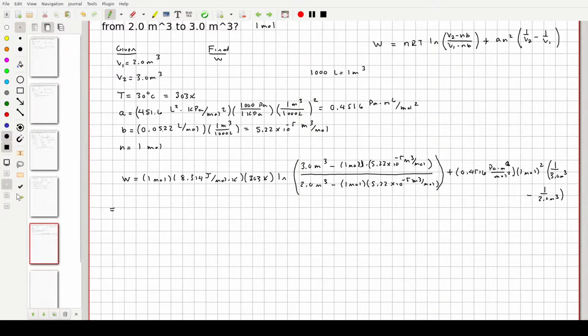So if I plug this into my calculator, let me get my calculator here. Multiply by that, and then 0.4516.